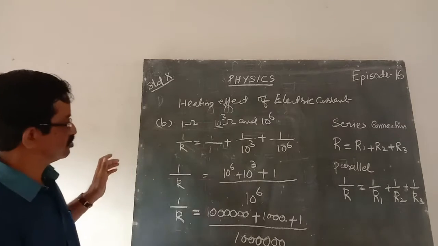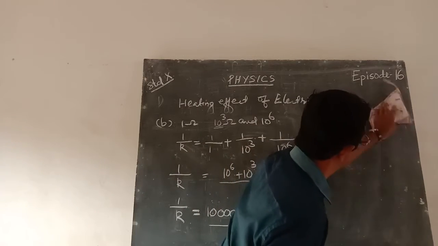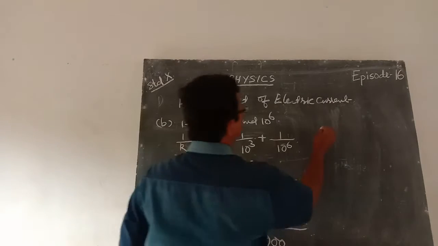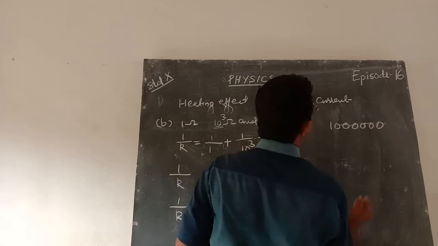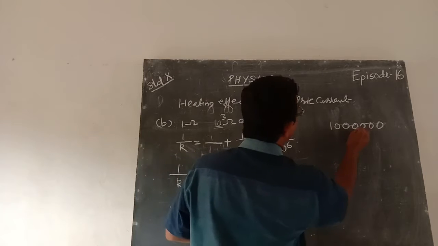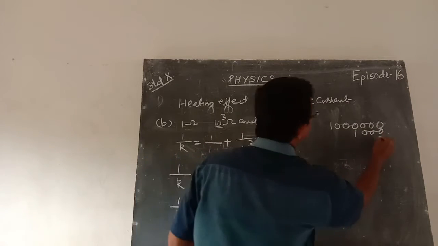Now we can add all this: 1 with 6 zeros, plus 10 raised to 3, plus 1.